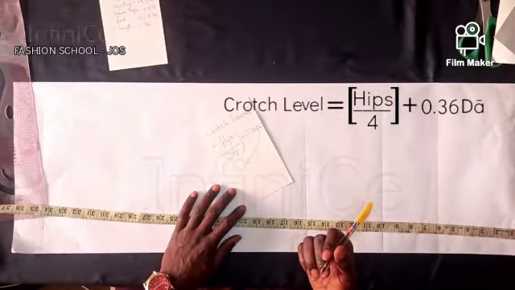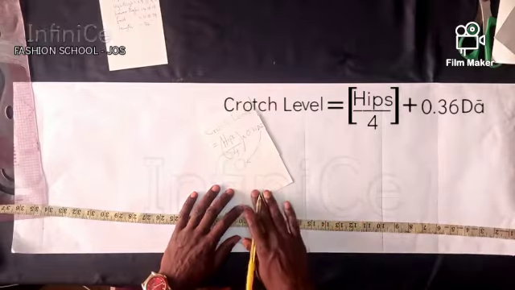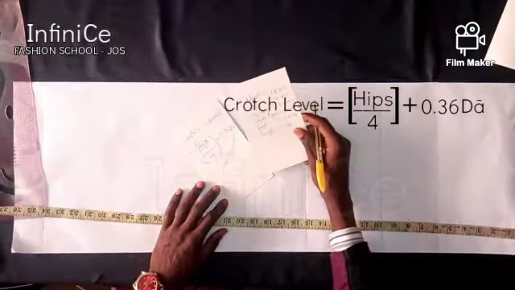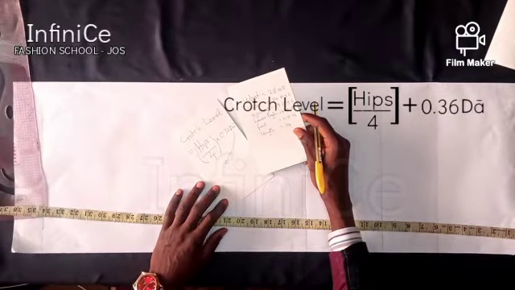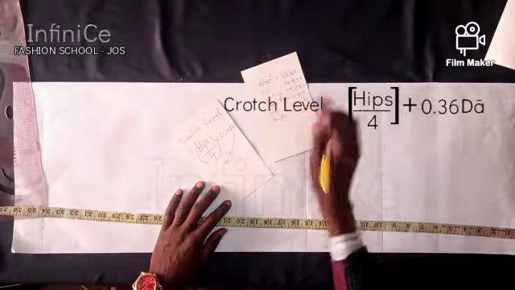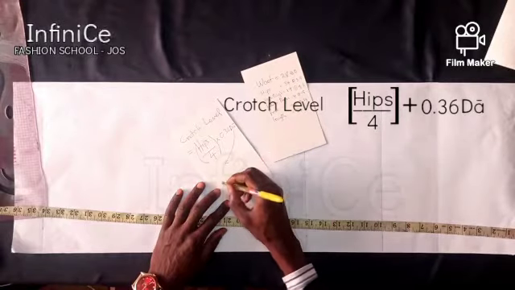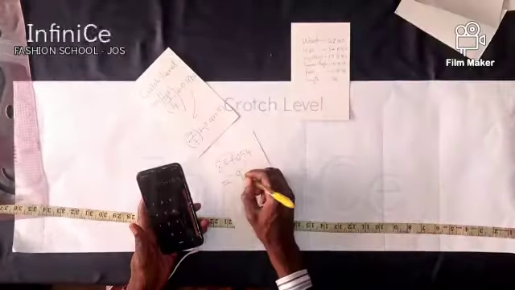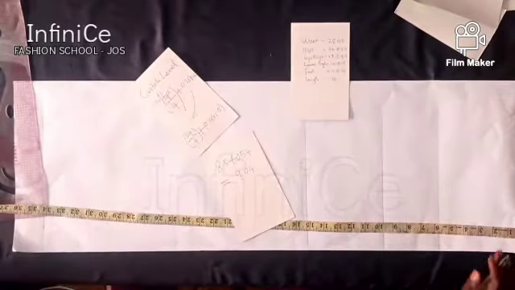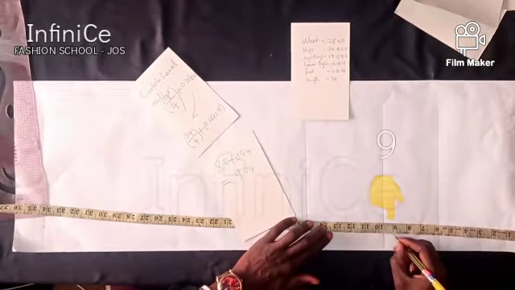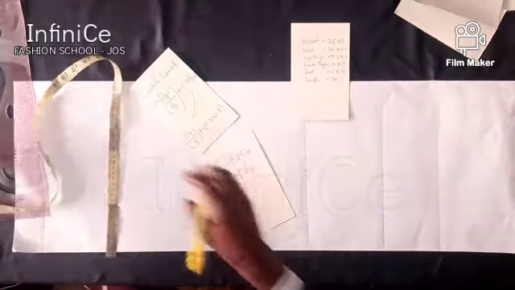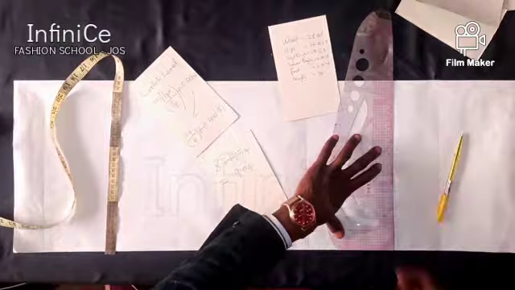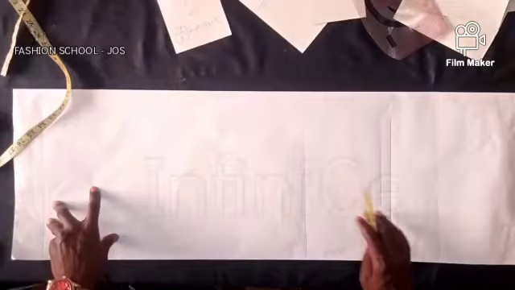We already know how to calculate the dA. From the measurement, our dA is 1.5. So this will give us 9.04 as approximately 9. So our crotch level is in red.